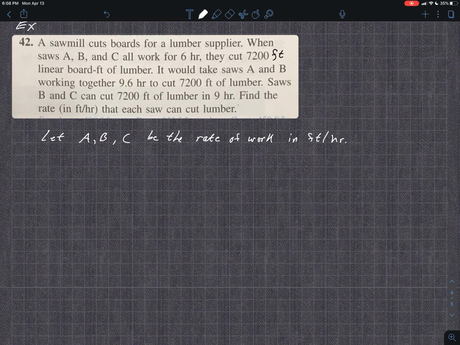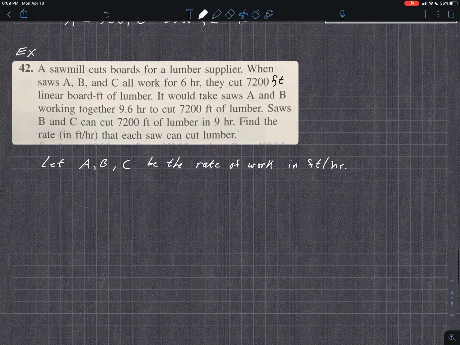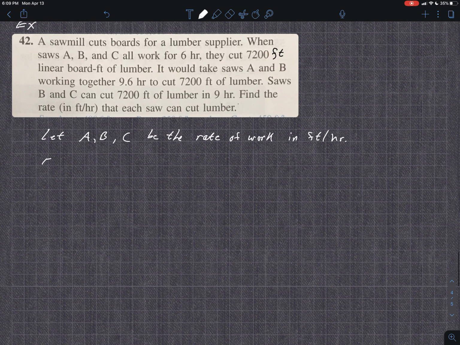Okay, so now we've got to set up our equations. Working together, if they work for 6 hours, they cut 7,200. So they all work for 6 hours, you get 6A plus 6B plus 6C equals 7,200.